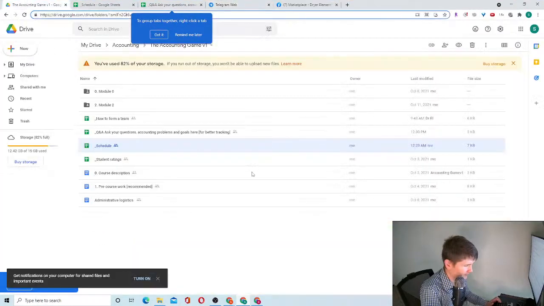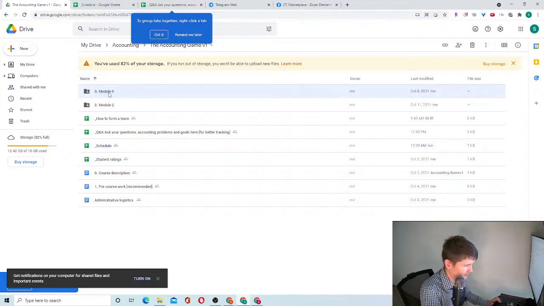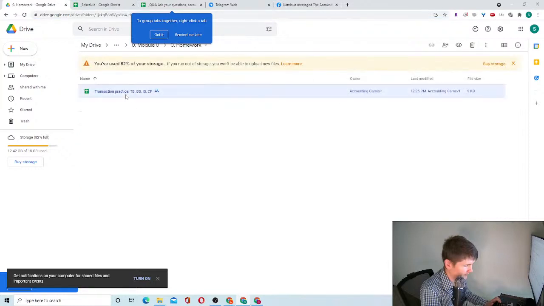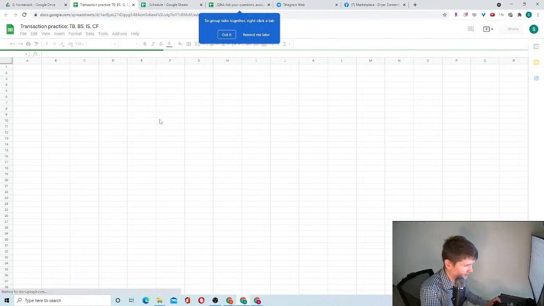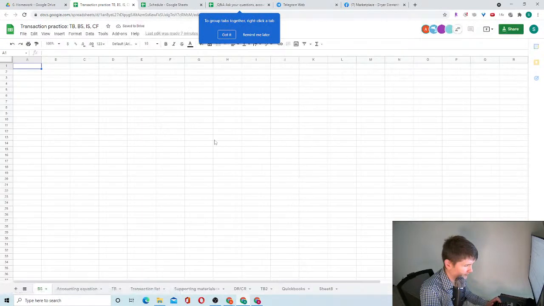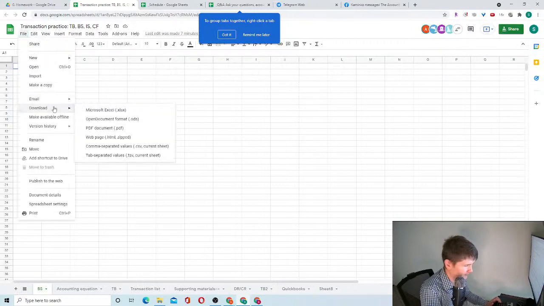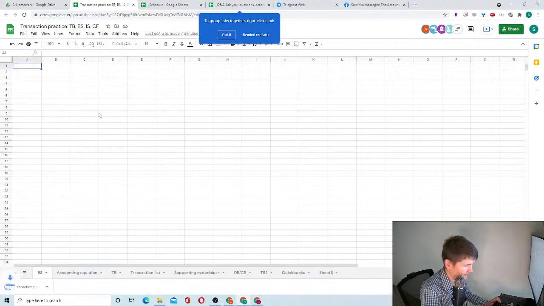Okay, this is my other Gmail account, my other browser, and what I want to do here is go to homework, transaction practice. What I meant by Google Sheet setup is you go here and you can download that file to your desktop as Excel.